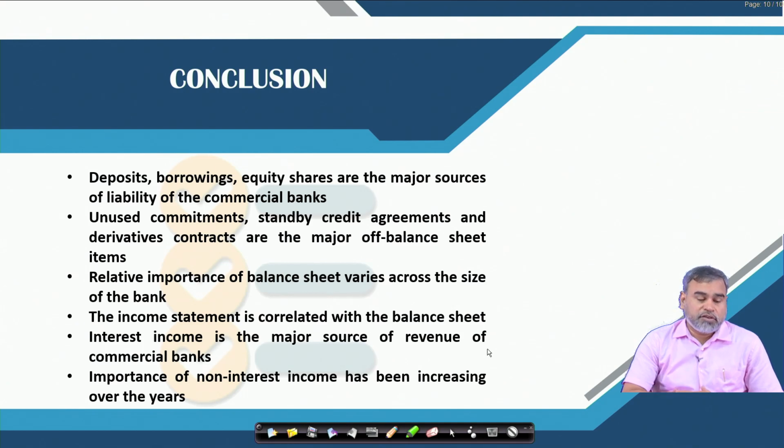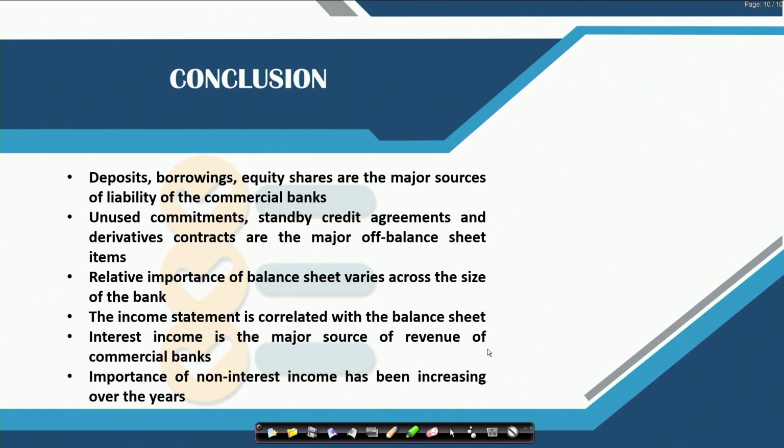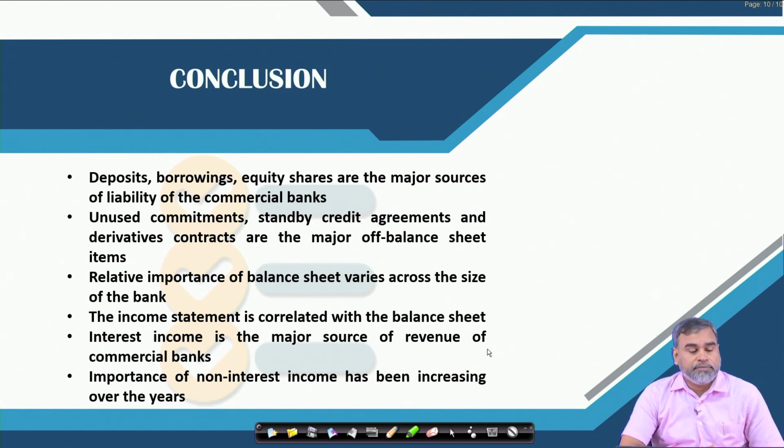So, after this discussion, if you summarize, what can we derive from it? Deposits, borrowings and equity shares are the major sources of liability of commercial banks. Unused commitments, standby credit guarantees or credit agreements, and derivatives contracts are the major off-balance sheet items.